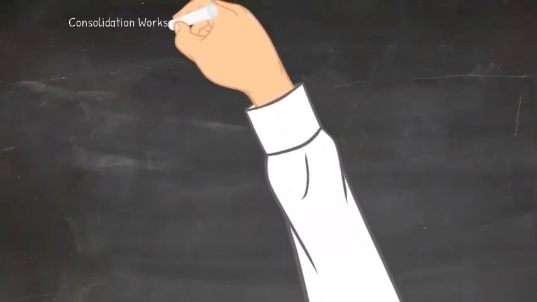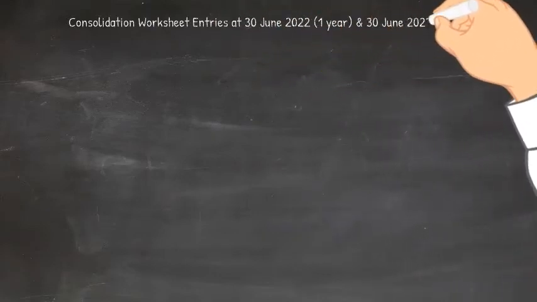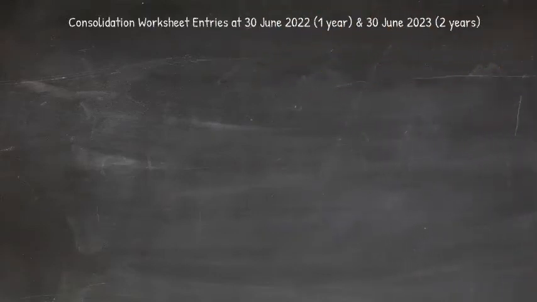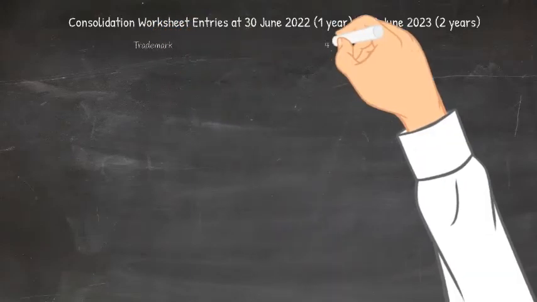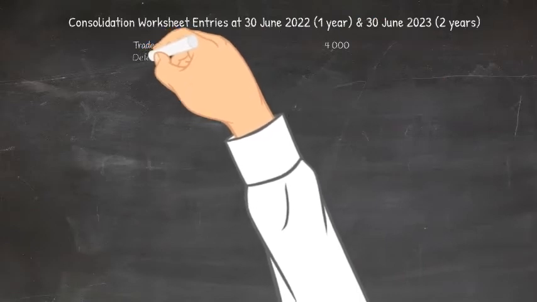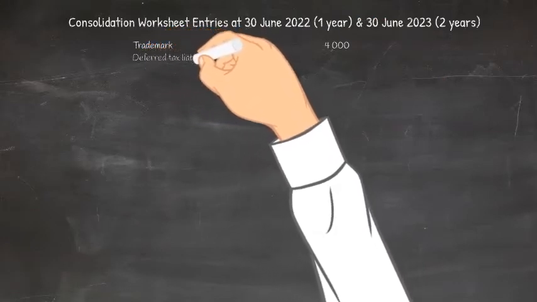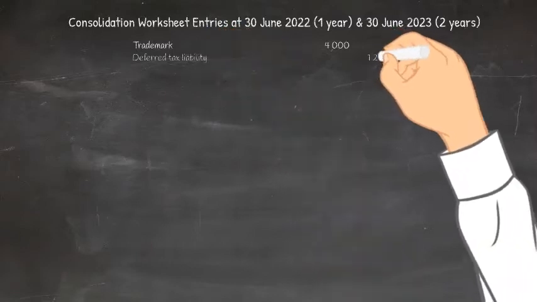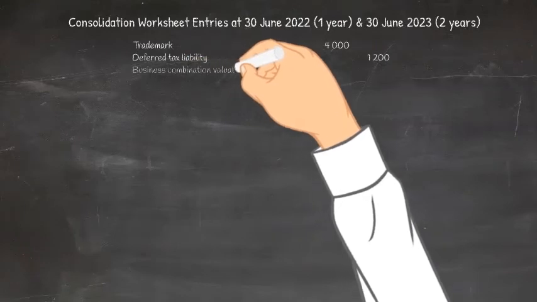Now, let's look at other accounts that need to be adjusted. First, we consider trademark. Remember that previously you did not record the trademark, which had the fair value of $4,000. At acquisition, this was recorded. This entry here shows the BCVR of trademark at acquisition date.